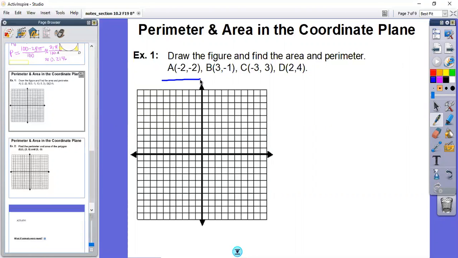So we're plotting -2, 2, and 3, -1, and I need to make my pencil a little thicker. Oop, that's a little too big. Let's go maybe a little bit in between.